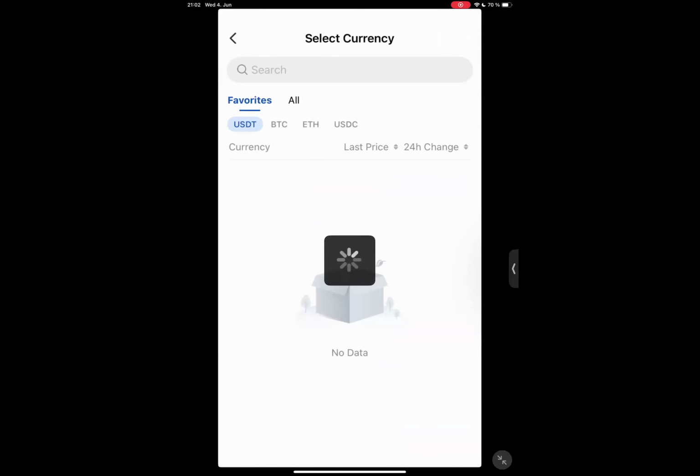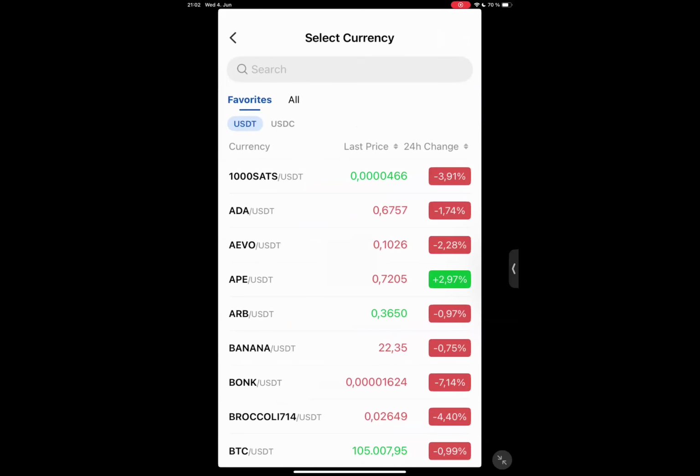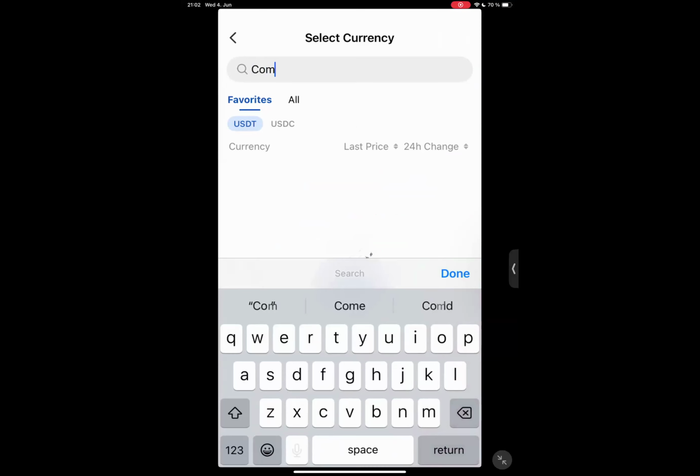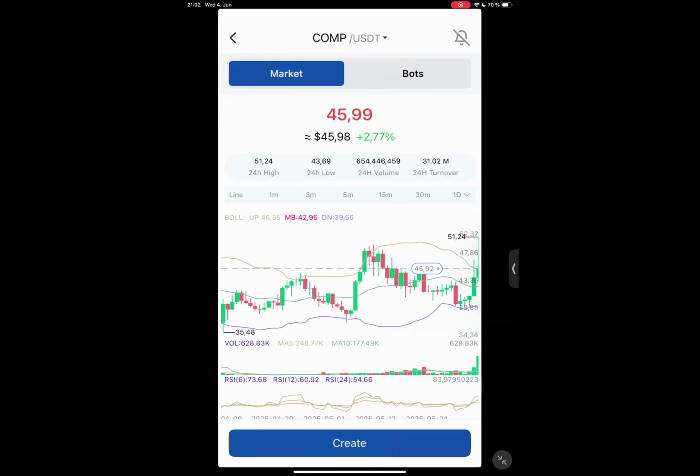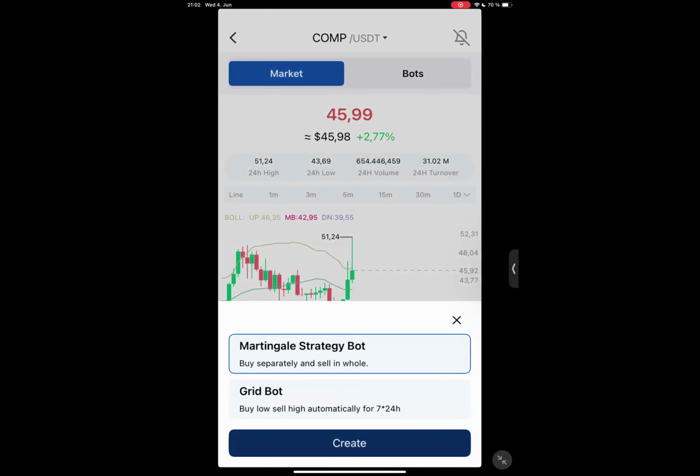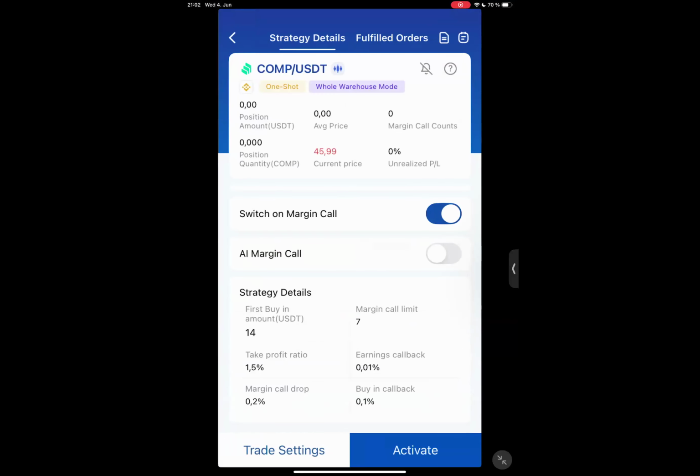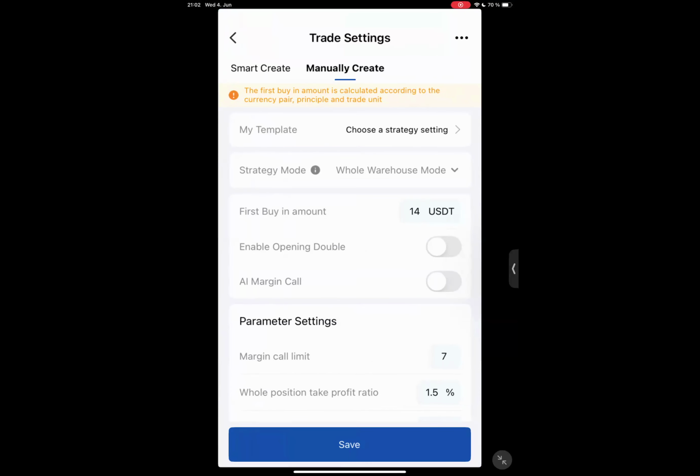So I go to search. You can go to search on the strategy or the home button. So I type COMP. I thought I had traded it before. So COMP, hey, it really went up. So there are settings here, okay? I'm going to edit it to suit what the signal is saying.